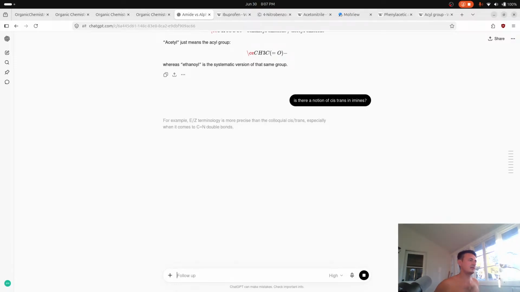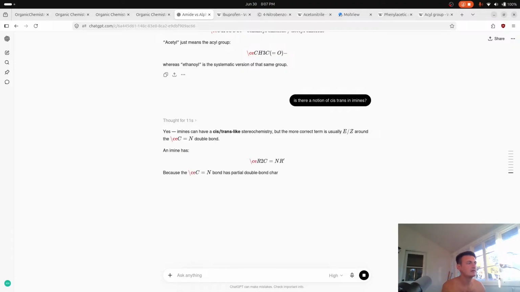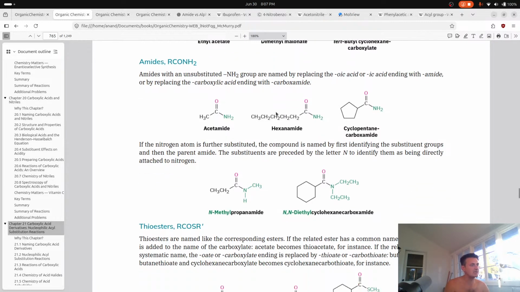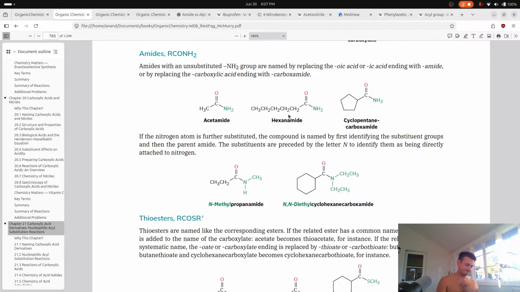I feel like the answer's got to be yes. If the nitrogen atom is further substituted, the compound is named by first identifying the substituent groups and the parent amide. The substituents are preceded by the letter N to identify them as being directly attached to nitrogen.